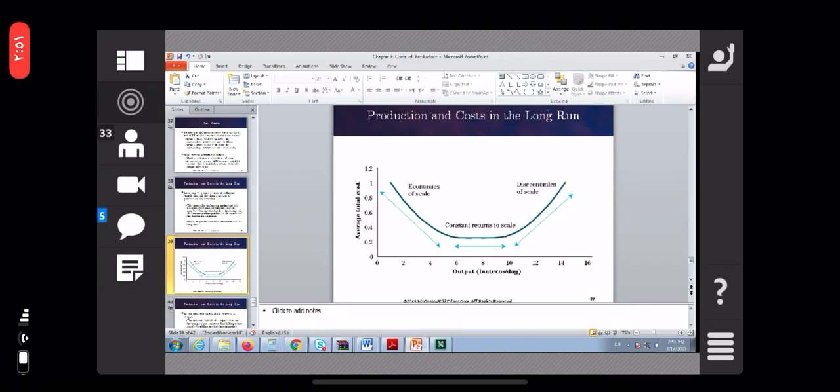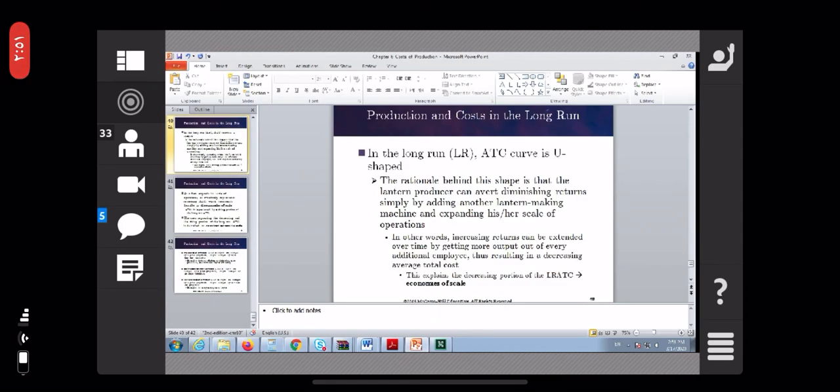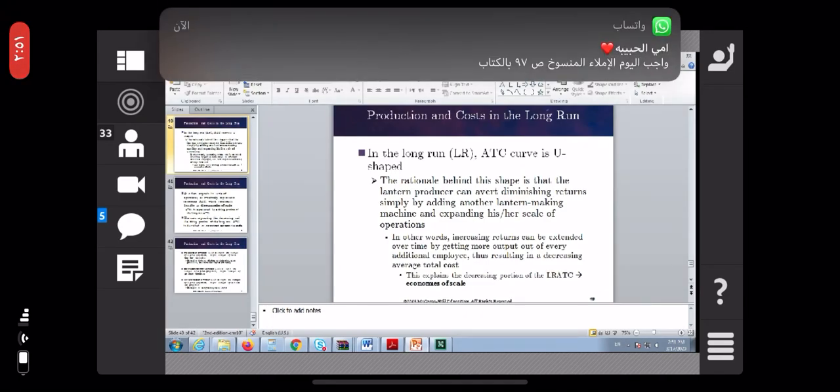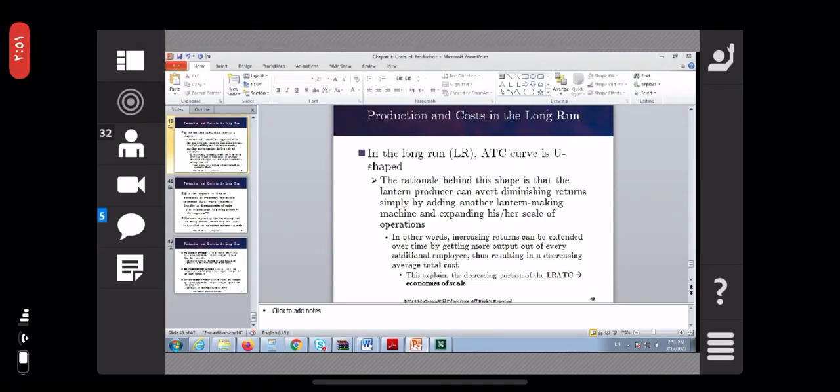And this is why it looks U-shaped, reflecting the diminishing returns to scale, the law of diminishing returns to scale. This is the explanation of what we have just said.